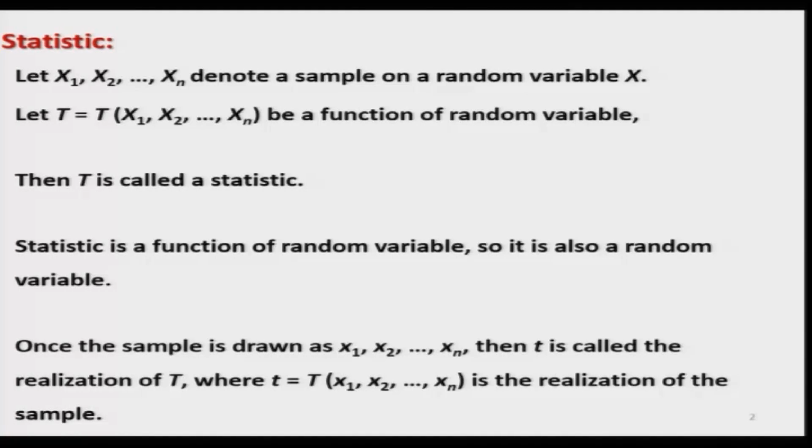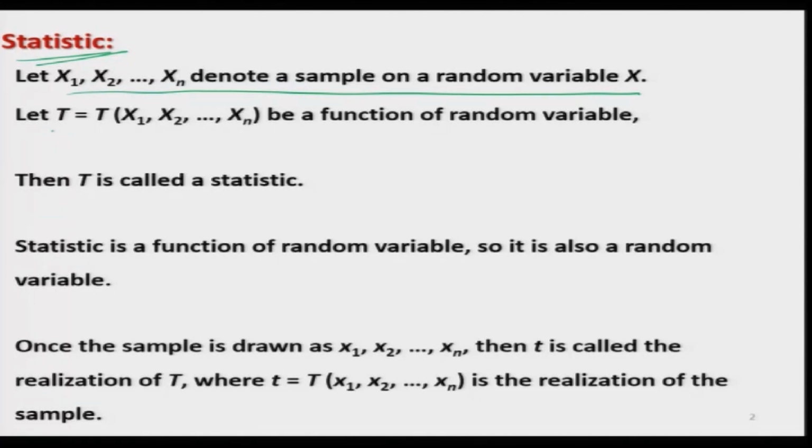In sampling distributions, first we have to understand a very fundamental definition: a statistic. Remember, this is not statistics, this is S-T-A-T-I-S-T-I-C, statistic. Suppose X1, X2, ..., Xn is a sample on a random variable X, and we create a function of these random variables.